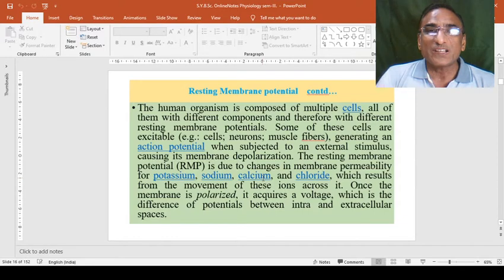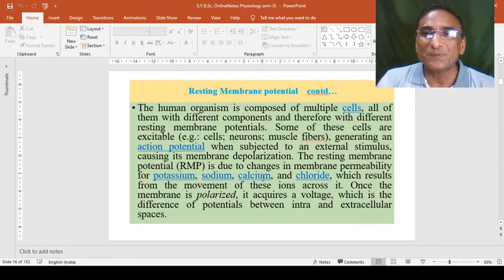The human organism is composed of multiple cells, all of them with different components and therefore with different resting membrane potentials. As the cell types vary, the membrane potential varies.